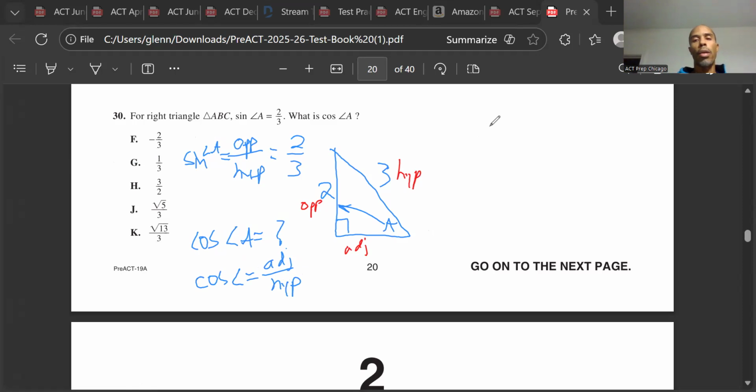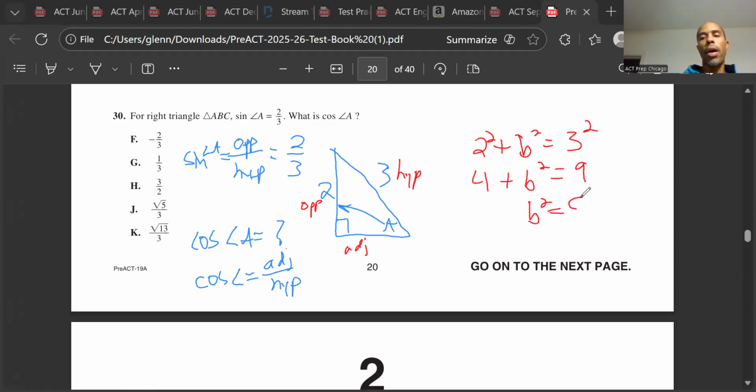With the Pythagorean theorem. We have 2 squared plus b squared equals 3 squared, where b is the side we don't know. 2 squared is 4, plus b squared equals 9. Subtract 4 from both sides, we get b squared equals 5.